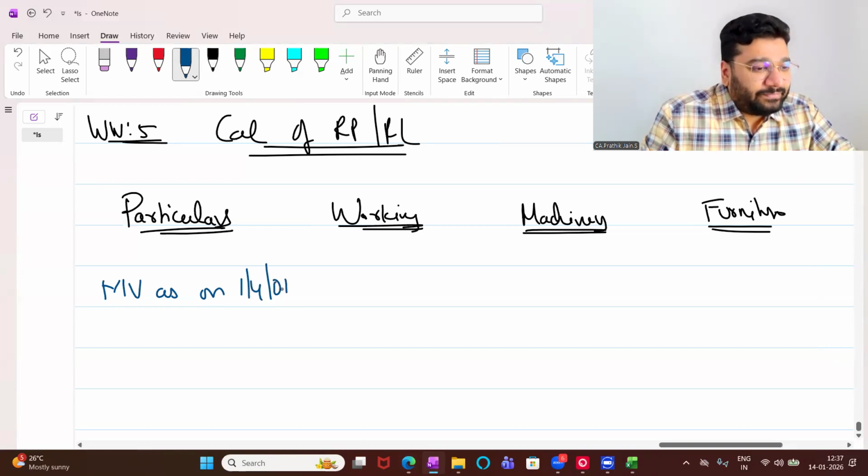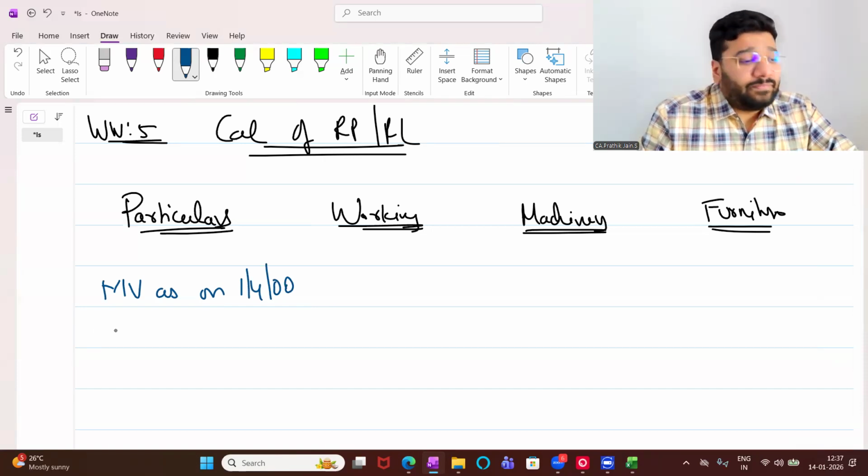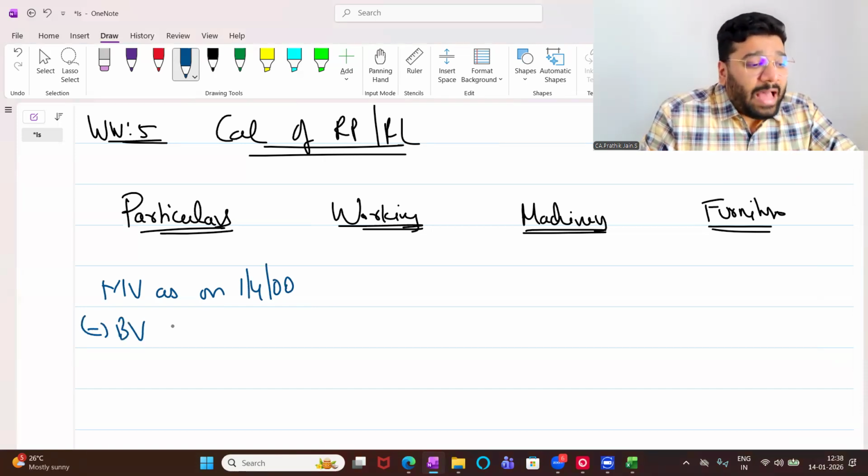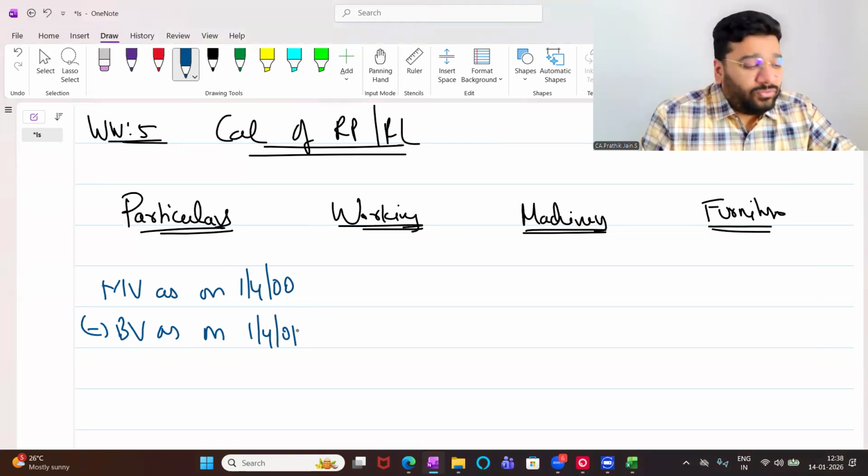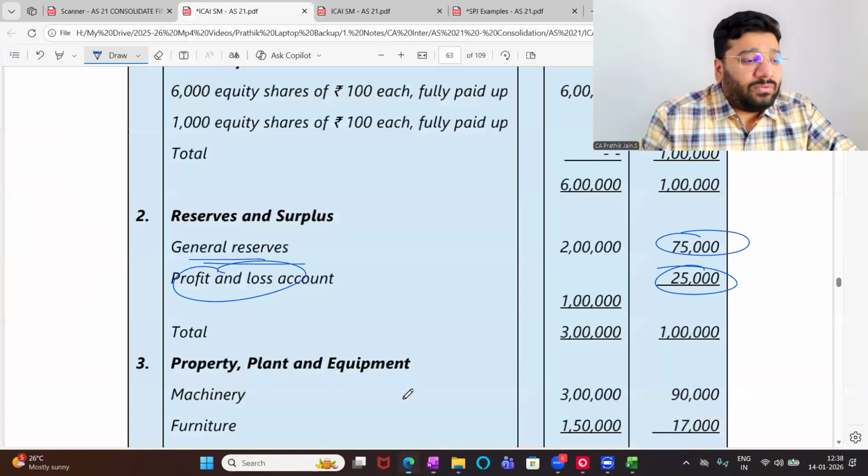This I have to compare with what? Book value as on 31st March, 1/4/2000. Now, what is the machinery value? Market value?